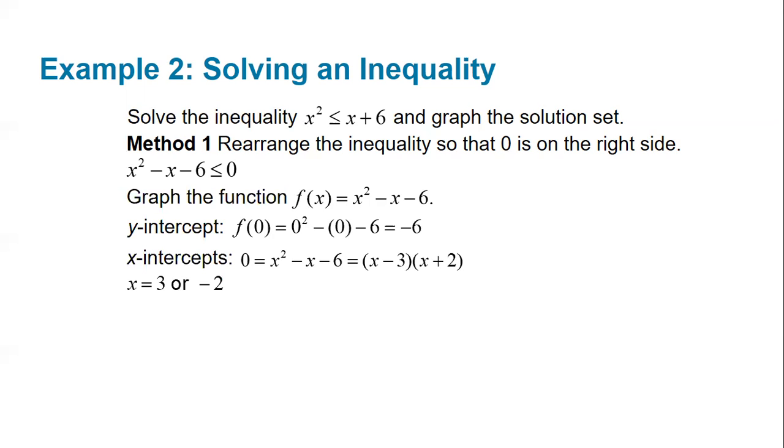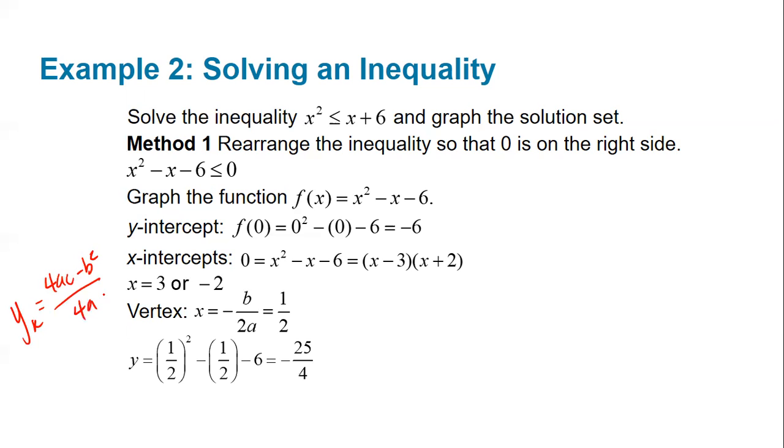The next thing we need is our vertex, right? Our vertex, remember, -b divided by 2a. Our b is -1 and our a is +1. So when we plug those values in, we get 1/2. Again, if I'm not comfortable with fractions at this point, to find my y value, my k, I could do 4ac minus b squared divided by 4a.